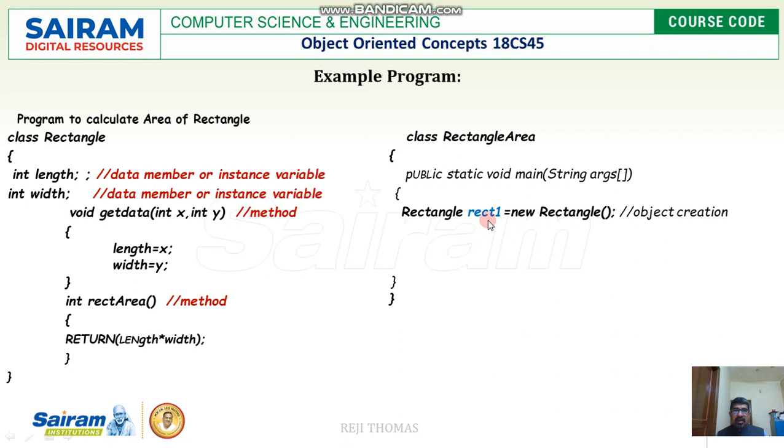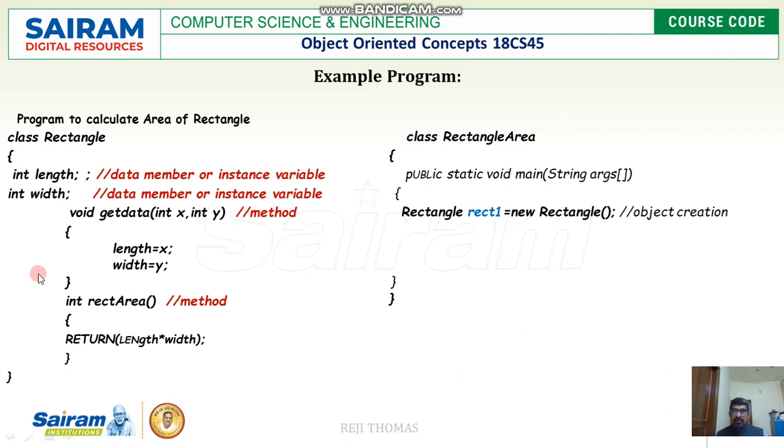Rectangle is the class name, rect1 is the object which I have created, and new is an operator which is going to allocate space for the object created for rect1. Rectangle() is the constructor, which is going to create an object called rect1, and when we create an object, every data member in the class gets its own space.